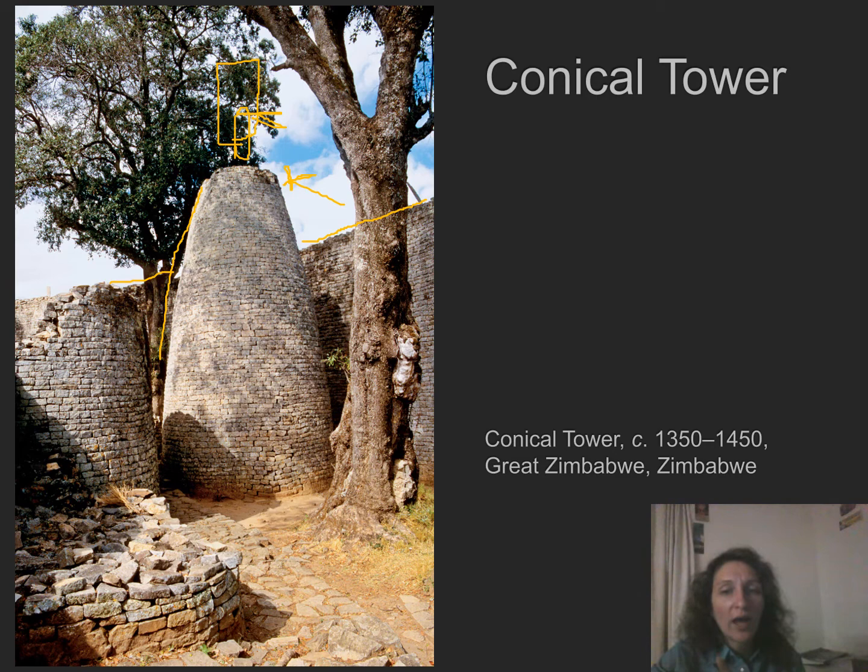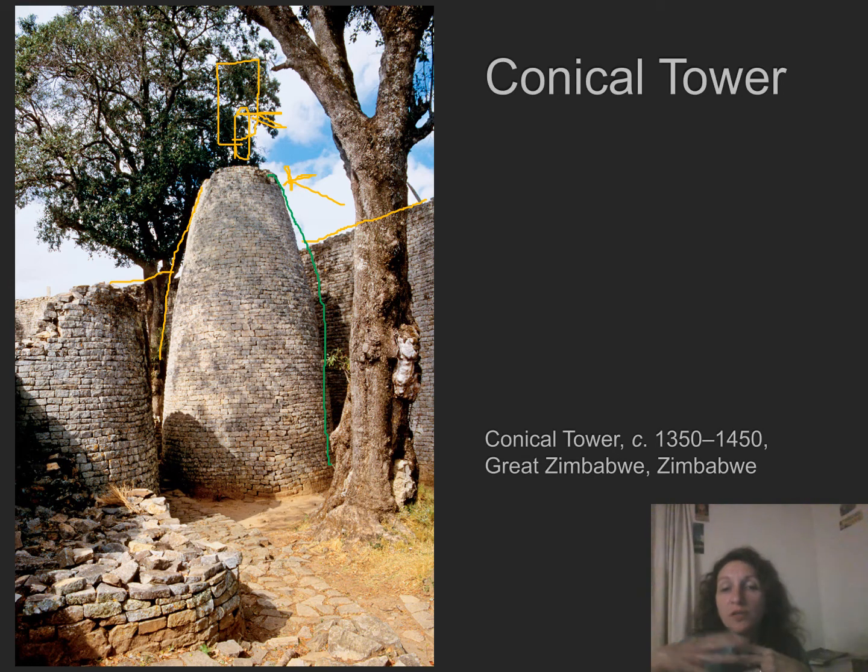But either way, no matter what sort of theory you subscribe to, it's definitely important to note that this object is commanding attention and power in some shape or form. This object is about the prosperity of the area, that they could construct something like this that would be so tall it would be able to be seen from the other side of the wall, right?